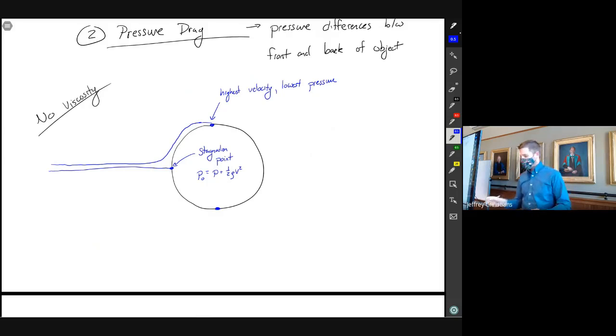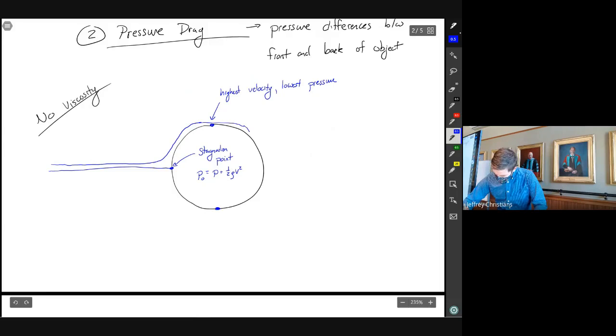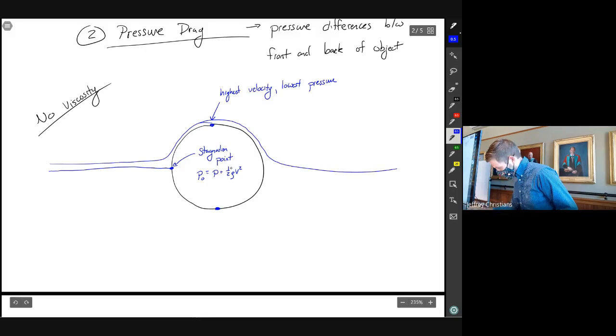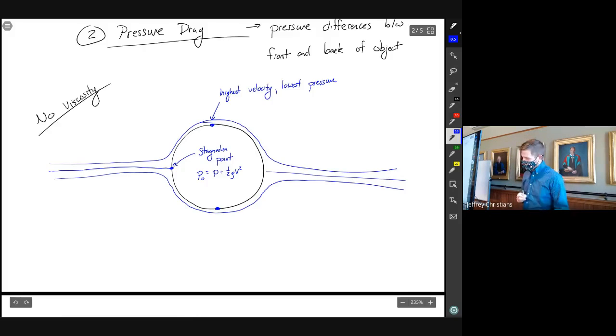And then as this fluid comes around, I'm going to try to draw this. Okay, that was really bad. Let me try again. So this is coming in here, goes up and around and comes back there. Maybe you can do better than I, but you at least get the picture.